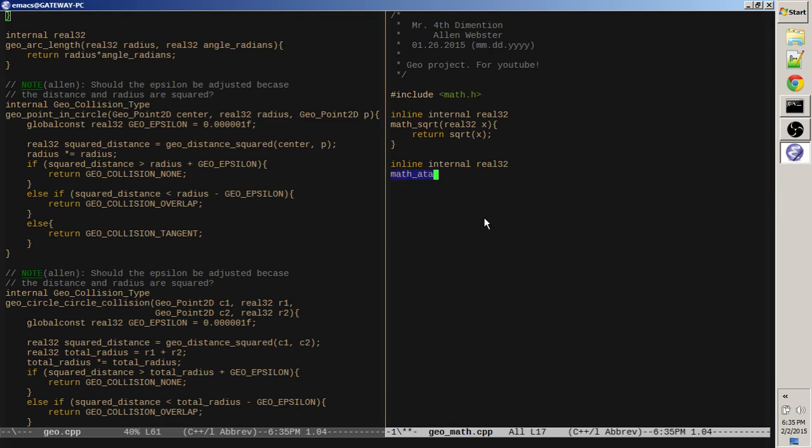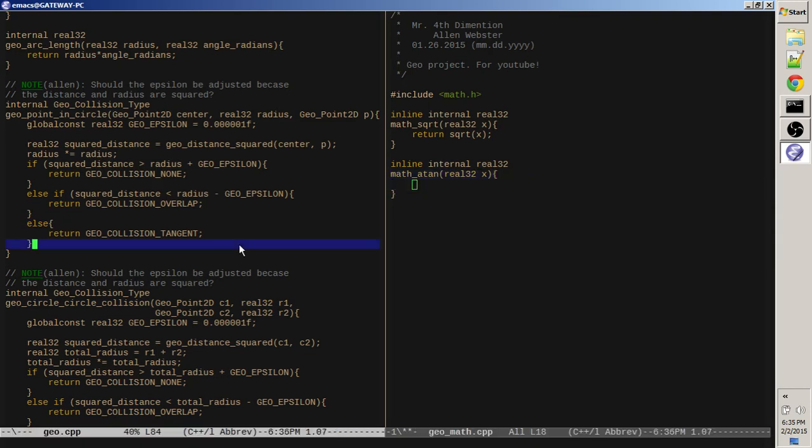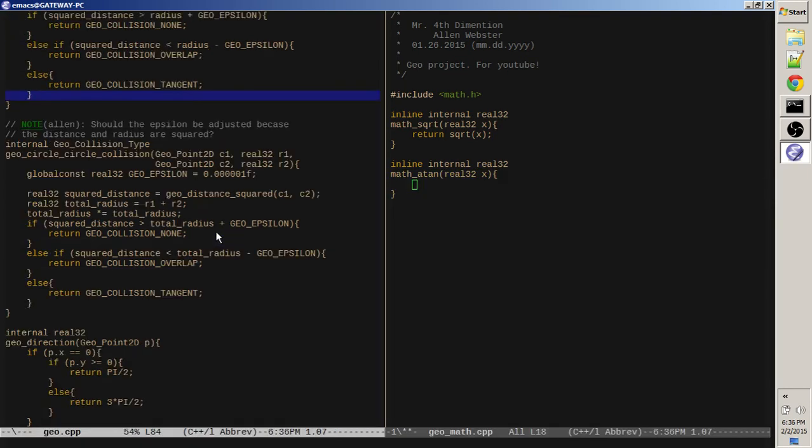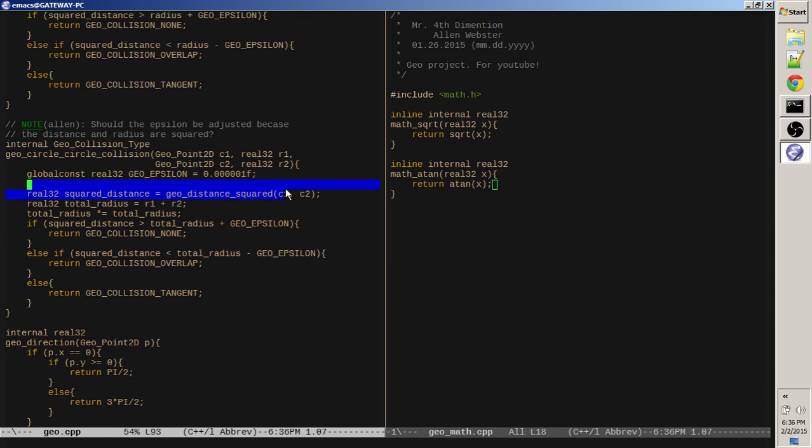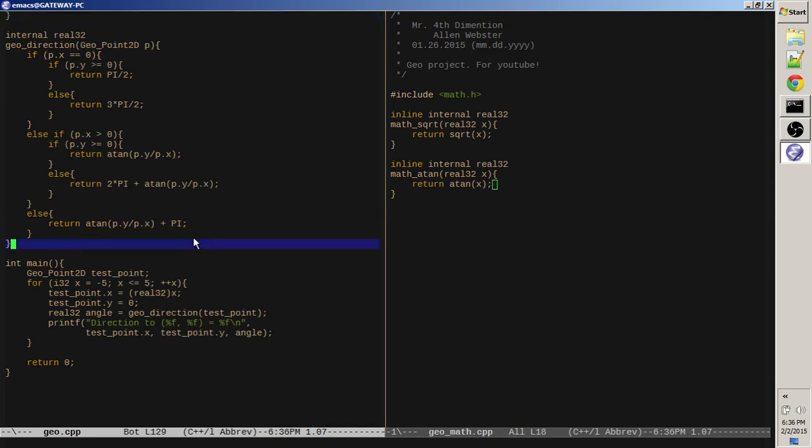Math atan, and that's just going to return atan x. And down here where I call atan in a few places, I turn those into these. Alright, so we got that out of the way.